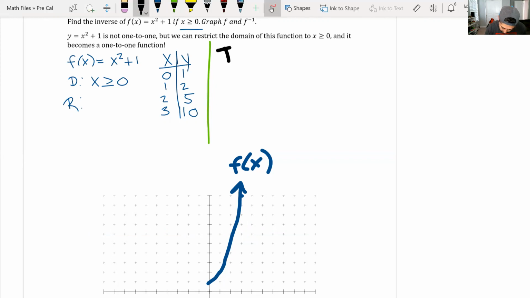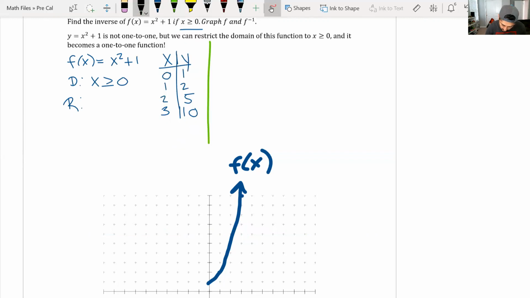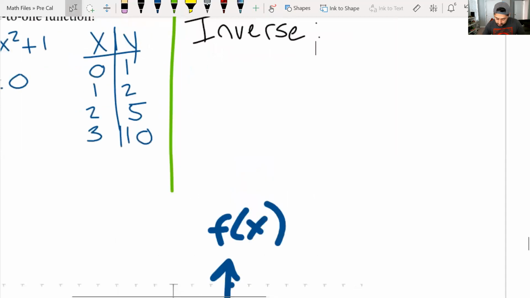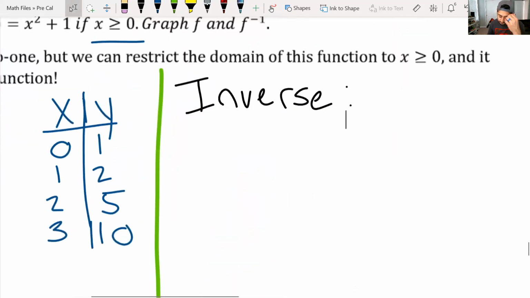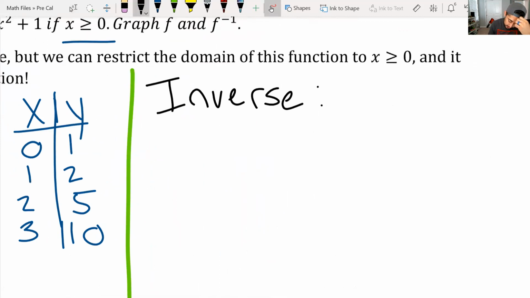Let me zoom in a bit. X squared plus 1. So we follow the same steps. 1, make it y equals x squared plus 1.